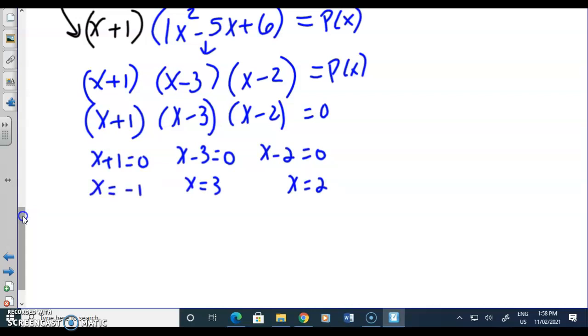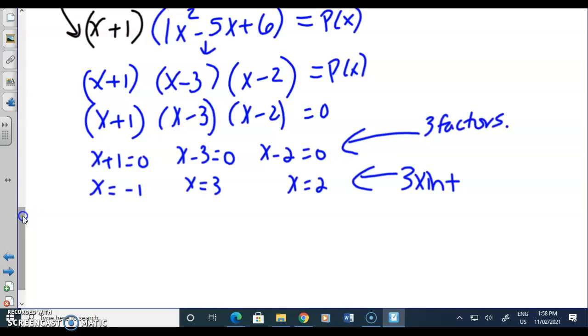So I have 3 x-intercepts, and I had 3 factors before that. And that's how you factor polynomials. You find one that works. It works if you plug it in and you get a remainder of 0, and then you do synthetic division to find the other quotient.